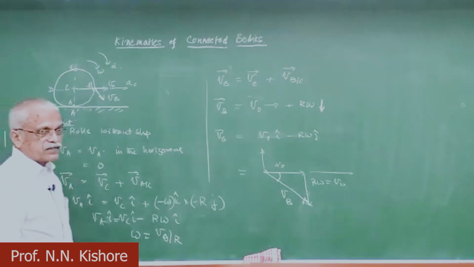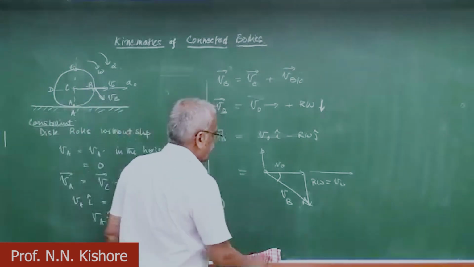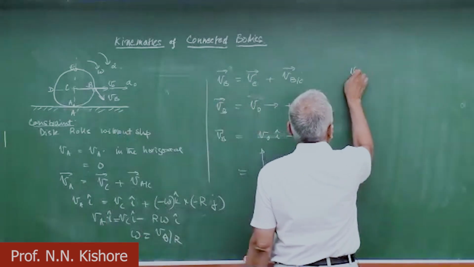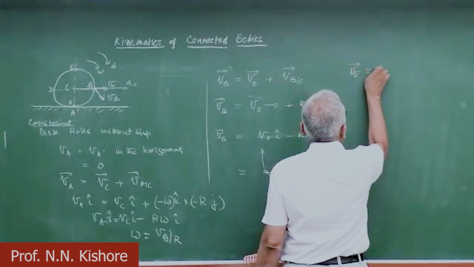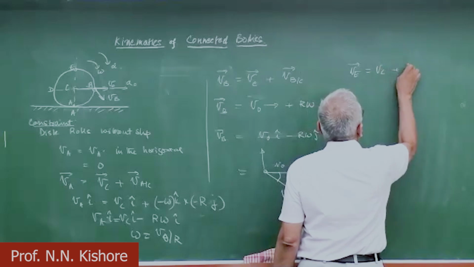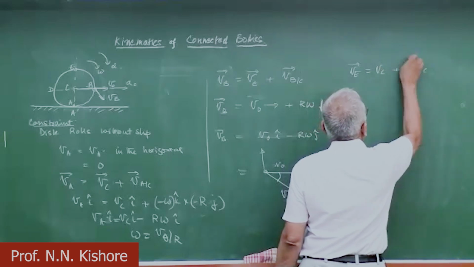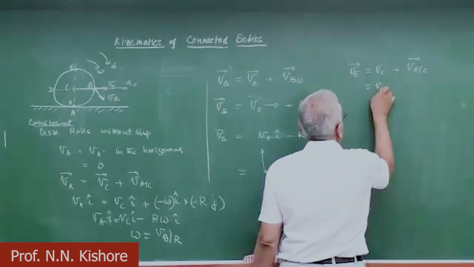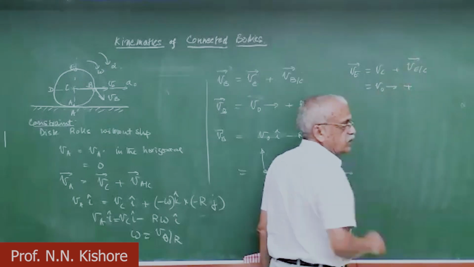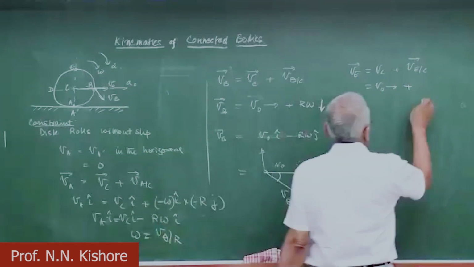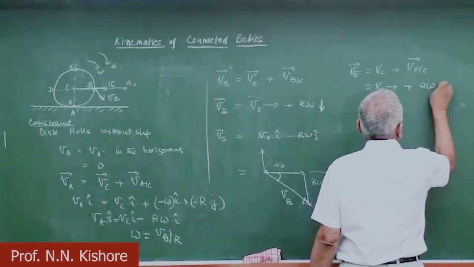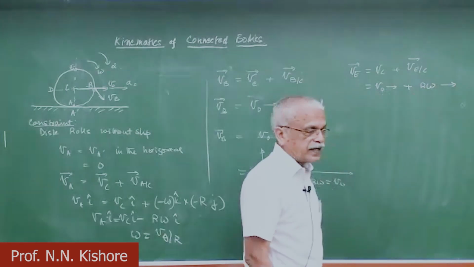So how is the velocity of E? You can very well see that velocity of E is velocity of C, E with C, and this is V naught. And this you can see that it's nothing but R omega again in the horizontal direction.